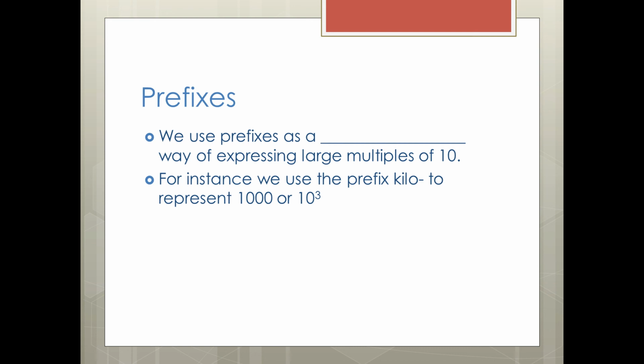Example. Let's say we use this 6.0 times 10 to the third. Let's say that this was in meters. I can replace the whole times 10 to the third with a prefix and just tag it onto the unit. So this really becomes 6.0 kilometers. That's the power of a prefix.